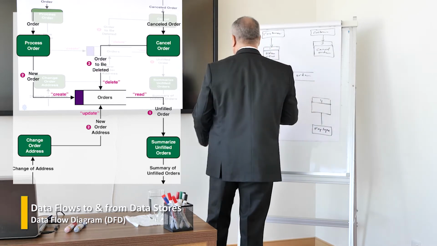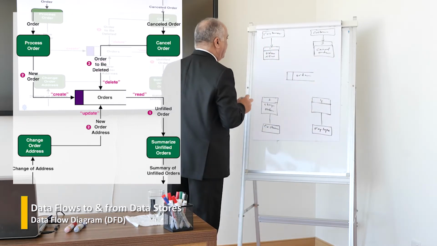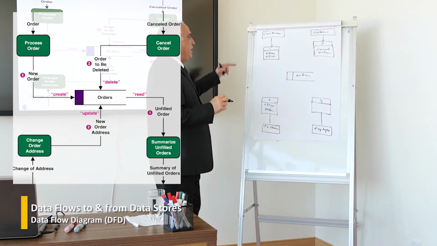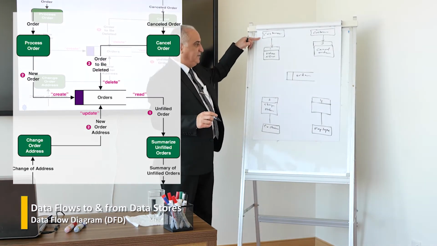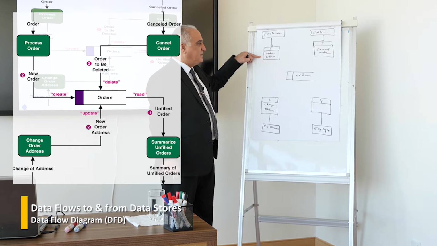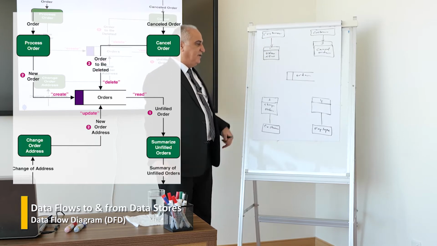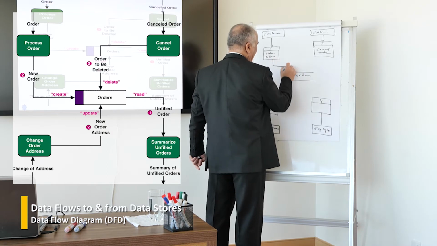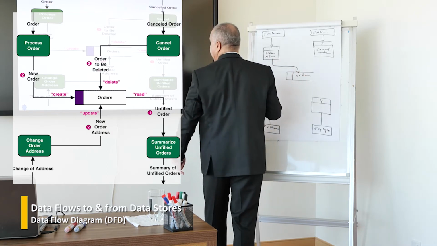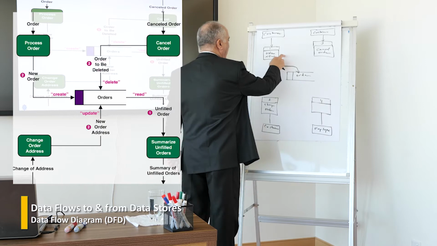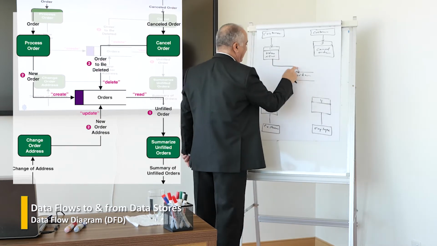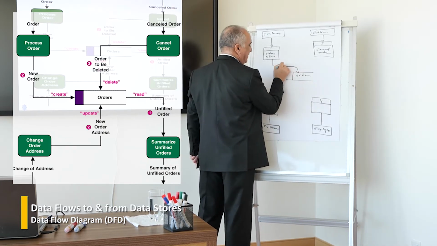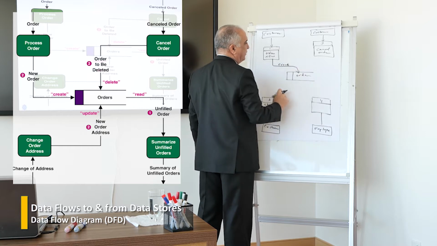Now we need to go into another level. If you look at it, we identify the external entity, we identify the processes, and we identify the data flow. In this case, for the new order, the data flow is creating an order.